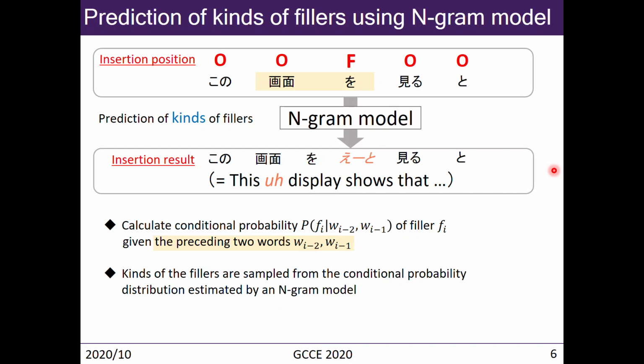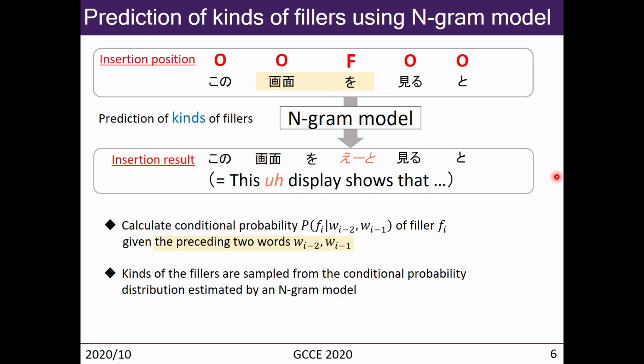To predict the kinds of fillers for where label F is estimated, they calculate conditional probability P of filler Fi, given the preceding two words, Wi-2 and Wi-1.